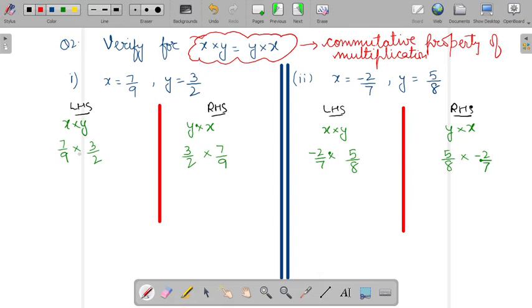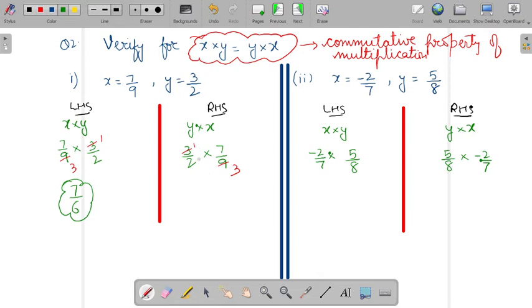Now just check, can we convert it in the standard form? Yes, we can. So you can cancel it. Similarly here also you can cancel it. After cancelling, you will get 7 upon 3 multiply 2. Now multiply lower with lower. 3 multiply 2 would be 6. So LHS is coming as 7 by 6.